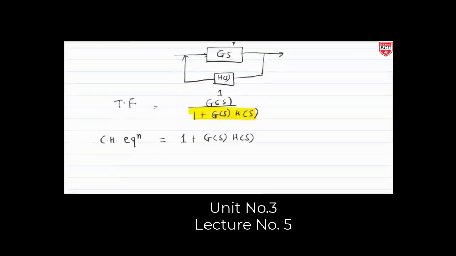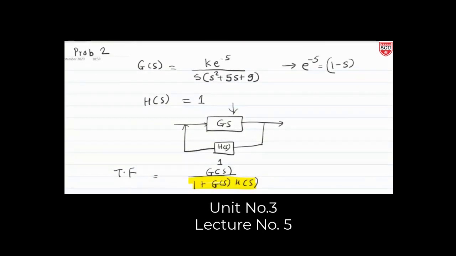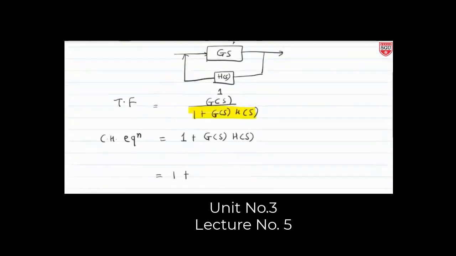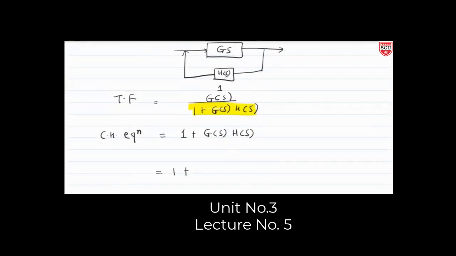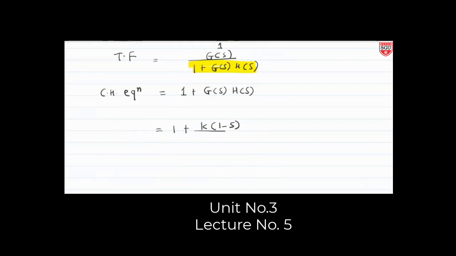So what is our G of s? After making the conversion, G of s is equal to K into 1 minus s upon s into s square plus 5s plus 9, multiplied by 1, because H of s is equal to 1.